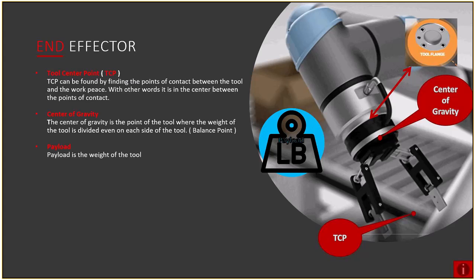And the payload is the weight of the tool. That's important because whenever you connect the gripper to a robot arm, the gripper has its own weight, and when it picks up a piece, it gains extra weight from that piece, which matters for the movement of the arm. We'll see that later in the presentation.